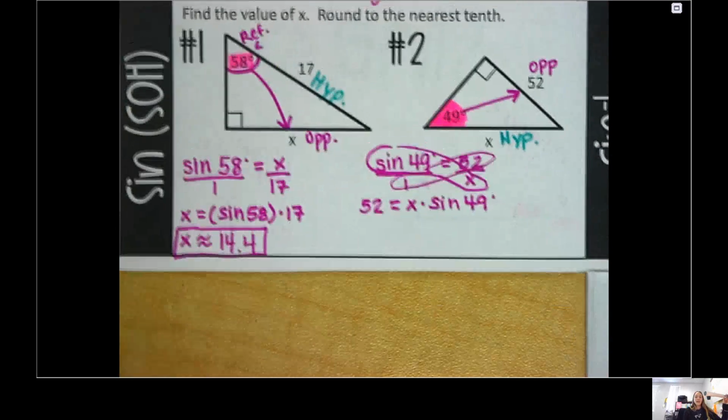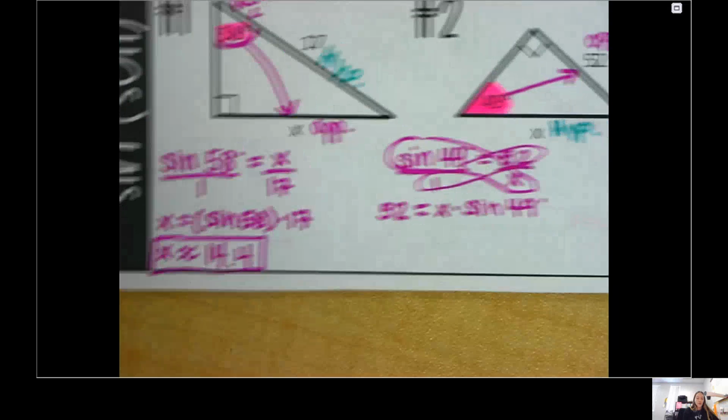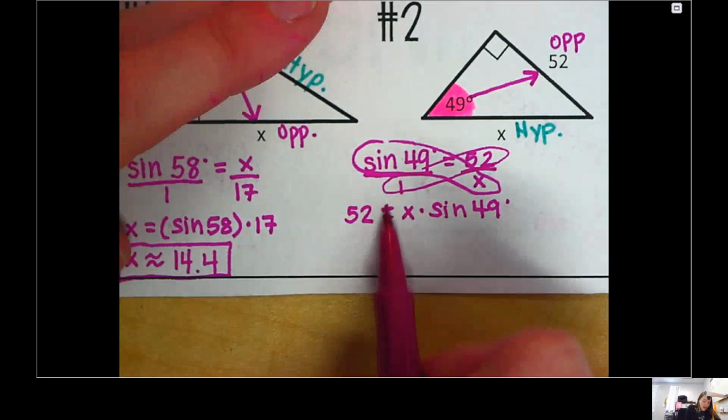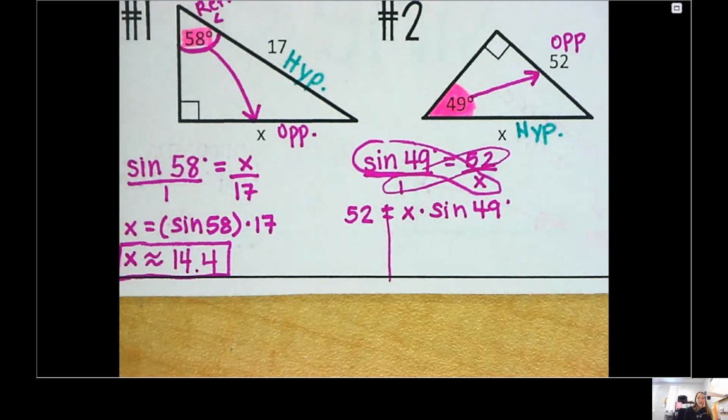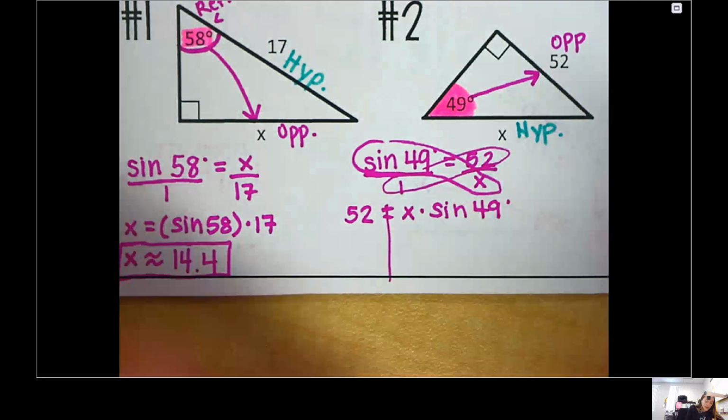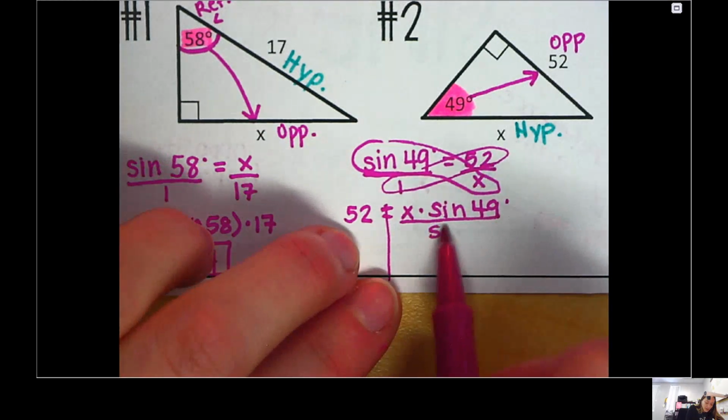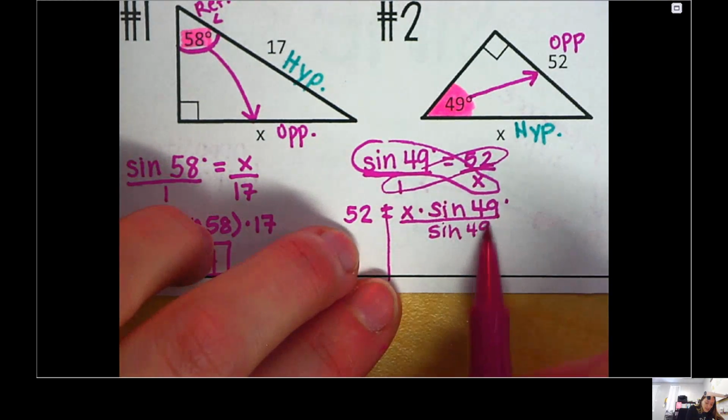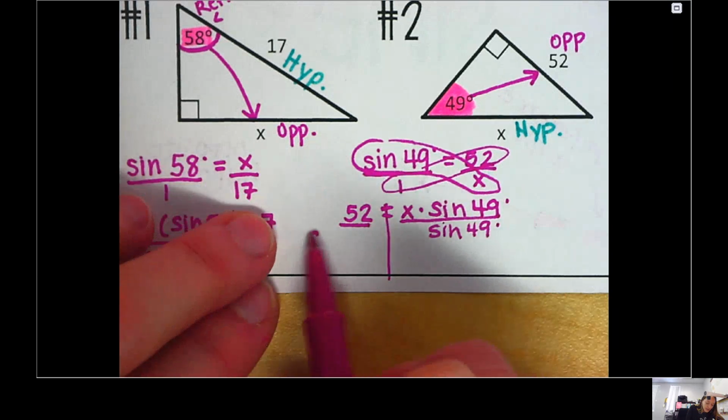Now if this was a regular algebra problem, I'm trying to solve for x, so I want to get everything that's not the x to the opposite side. Since x is multiplied by the sine of 49, to get rid of it I have to do the opposite, which is divide by the sine of 49. And whatever I do to one side of the equation, I have to do to the other.